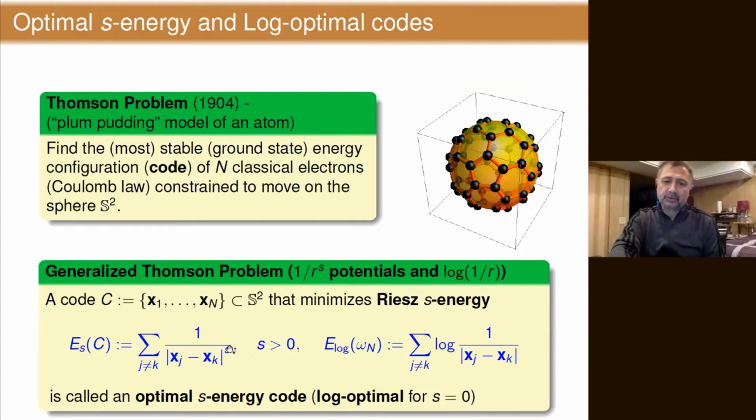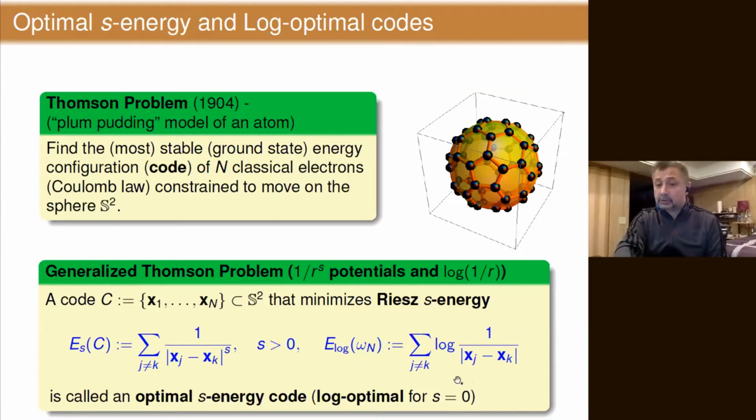As s approaches infinity, this is going to be the best packing of endpoints on the unit sphere, or in this case on S2 in R3, which is a well-studied problem in discrete geometry.